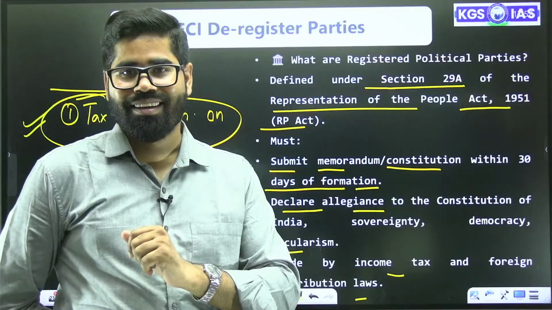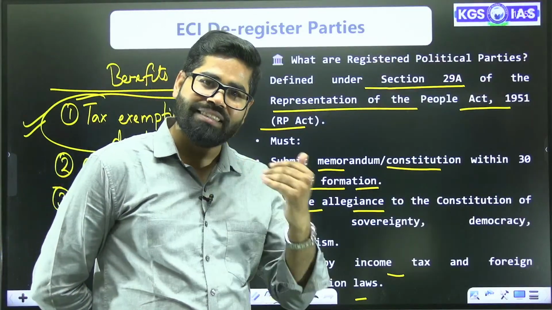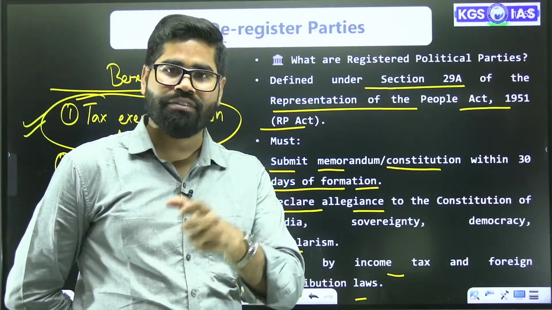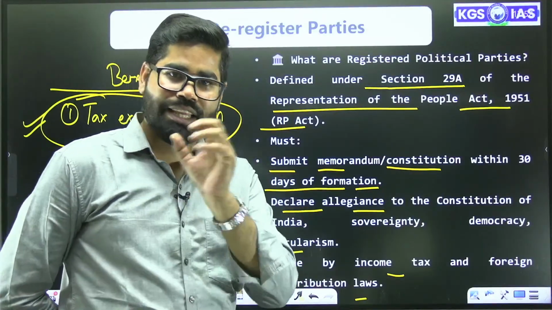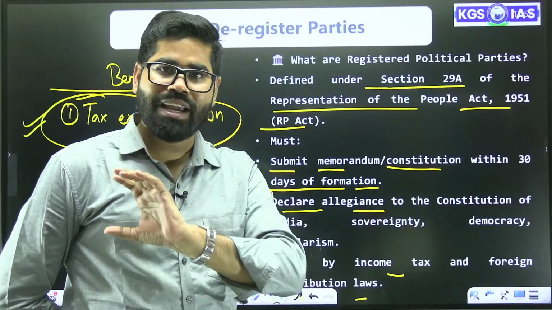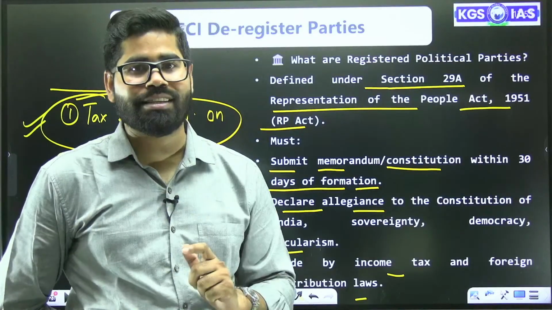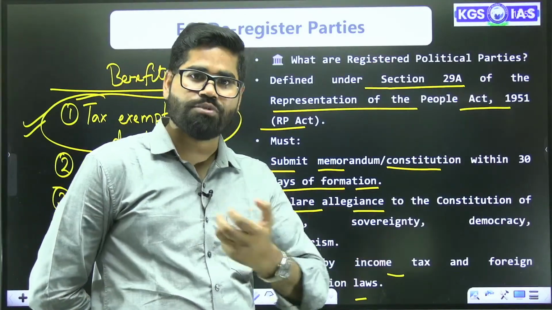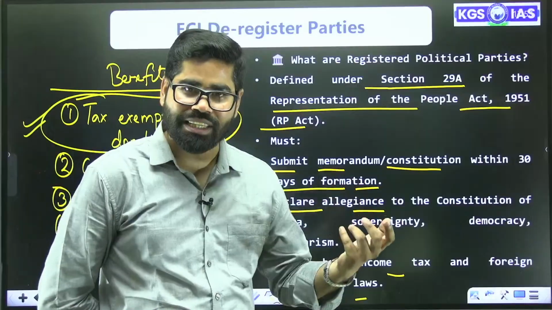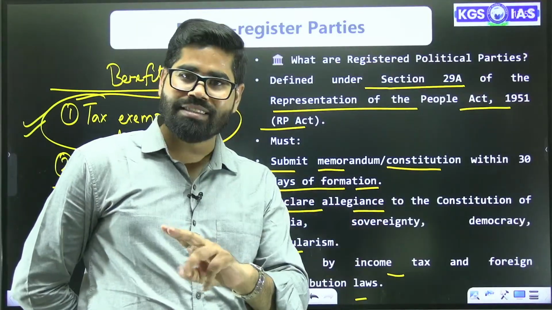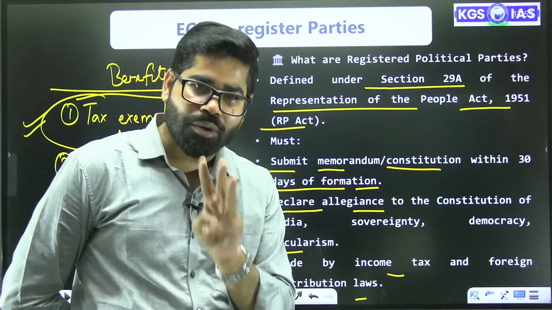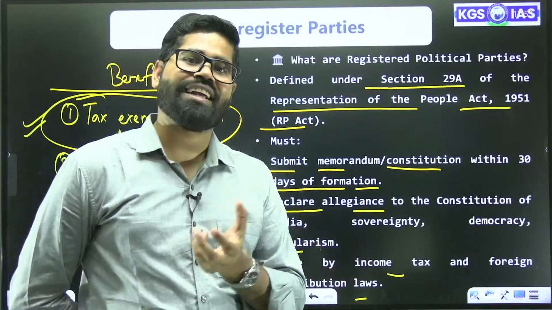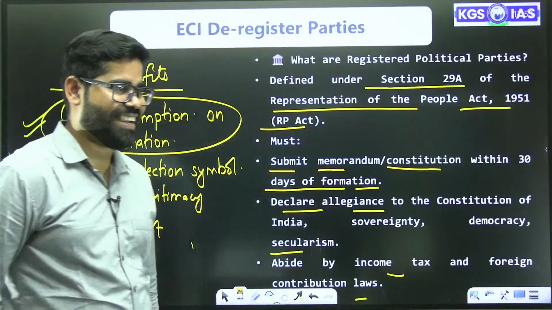In one home, if 5 people are there, they may have different views on different policies. So India is a much more diverse country in terms of ideologies and opinions. Two parties are not sufficient to accommodate all these ideologies. That's why we have different political parties.